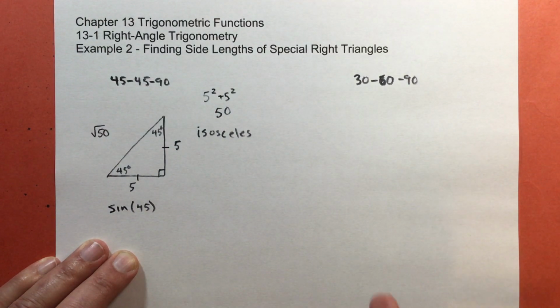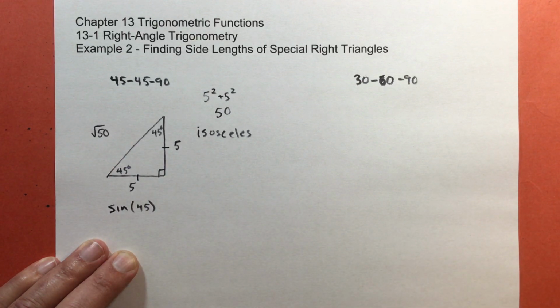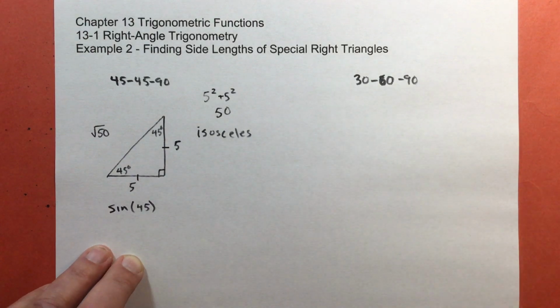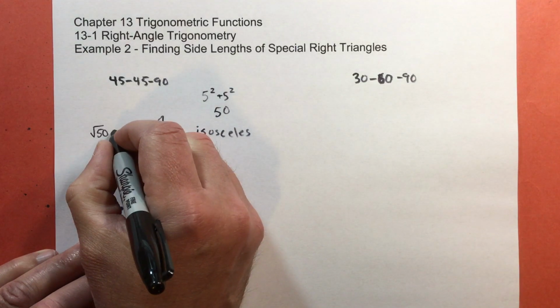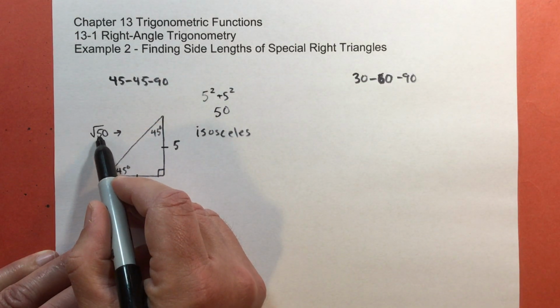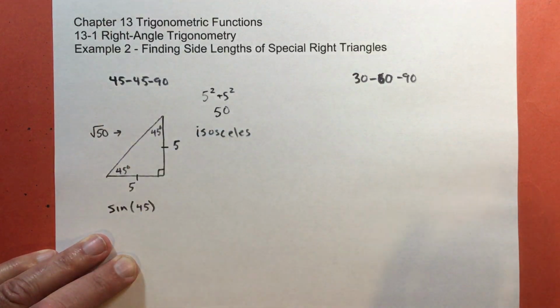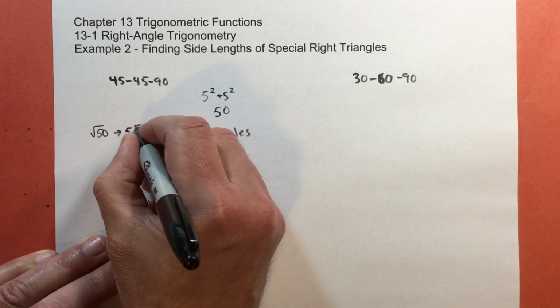But I need to see if I can simplify that radical, that square root, and that is something that we have actually done before. We did it in chapter 1. So I know that I can simplify by factoring out the 25. So the square root of 25 times the square root of 2. What's the square root of 25? It's 5. So this is going to be 5 times the square root of 2.